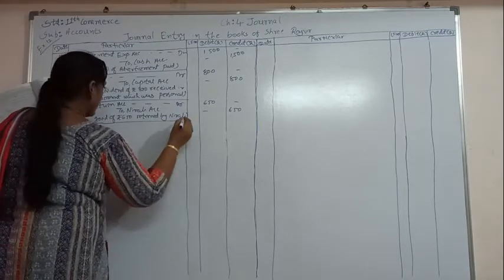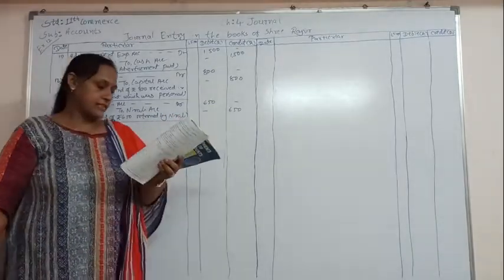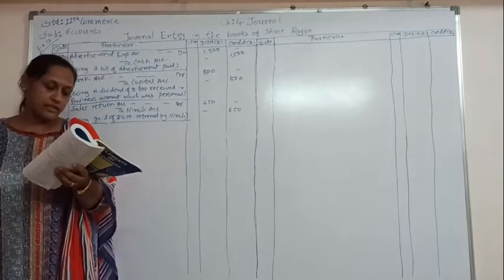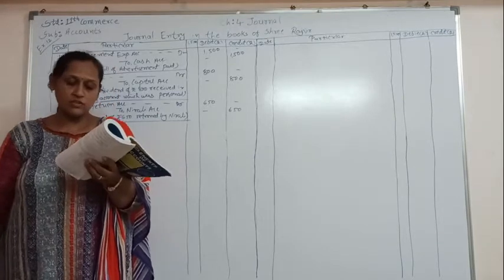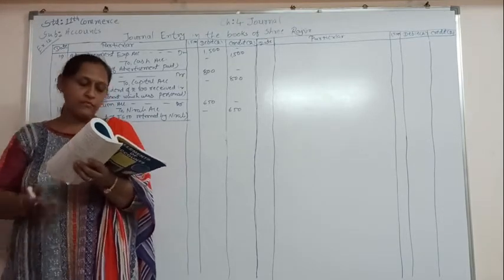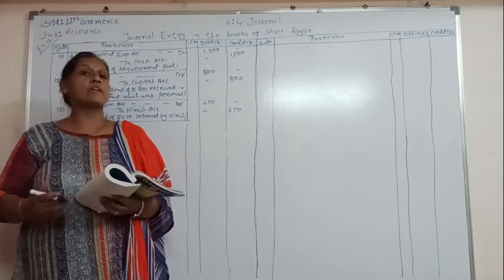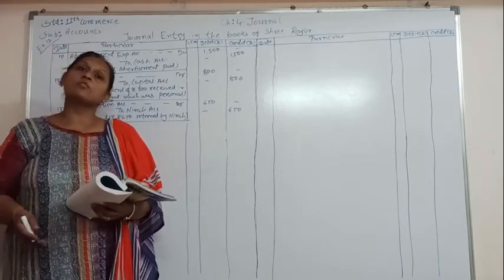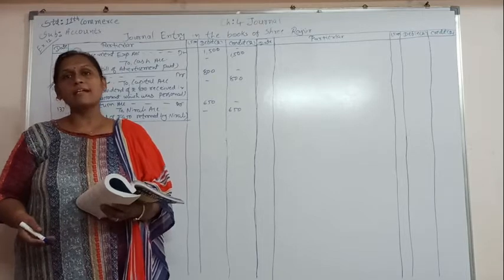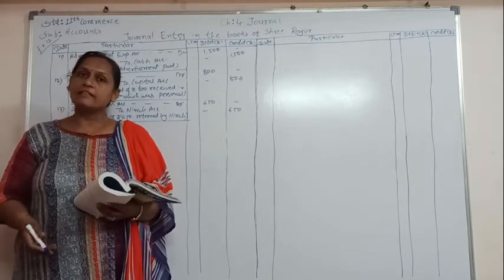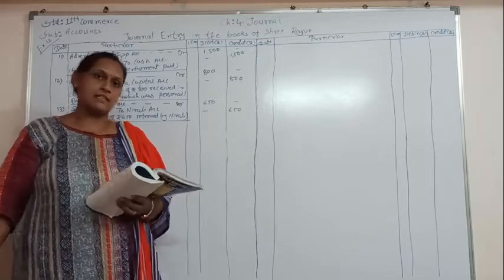Now let's see the next transaction, date number 14. Goods of rupees 400 received as a free sample which was distributed to customers free for advertisement. So here goods we have received free and we have given for free. So it is a non-economic transaction because no cash, no money is involved in this transaction.